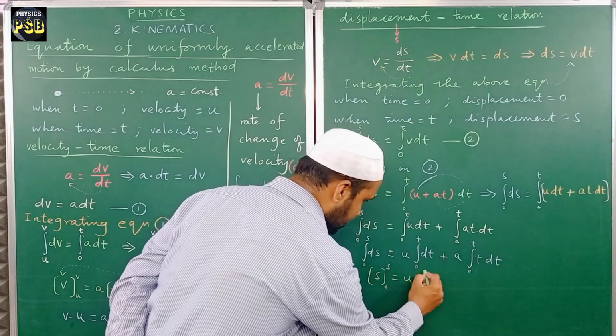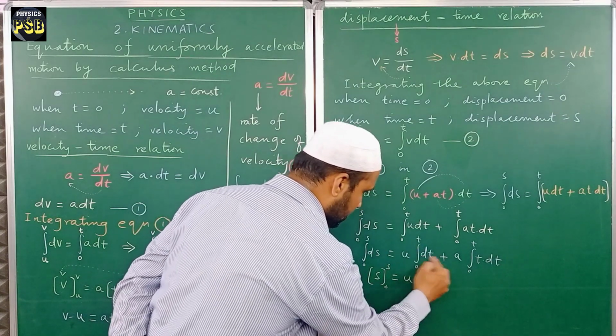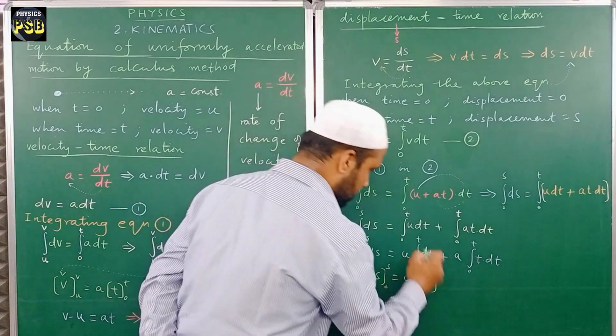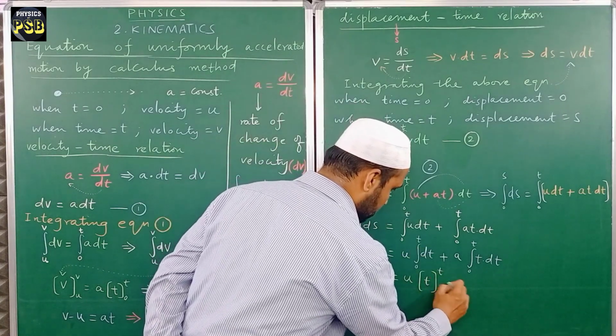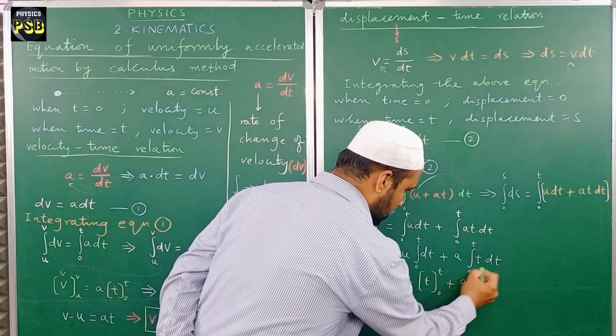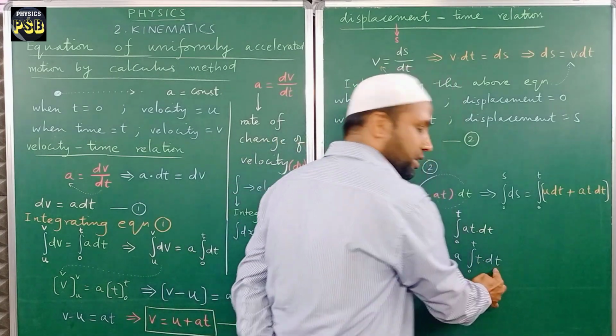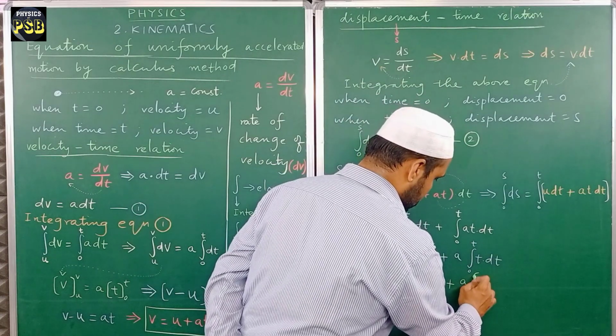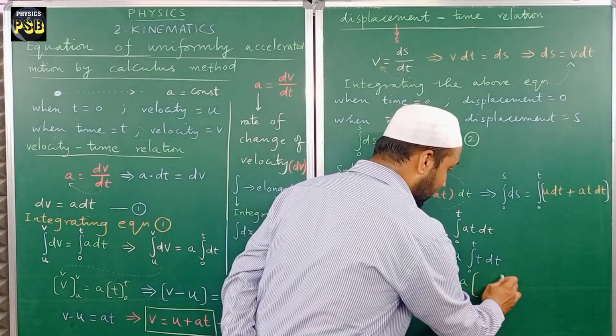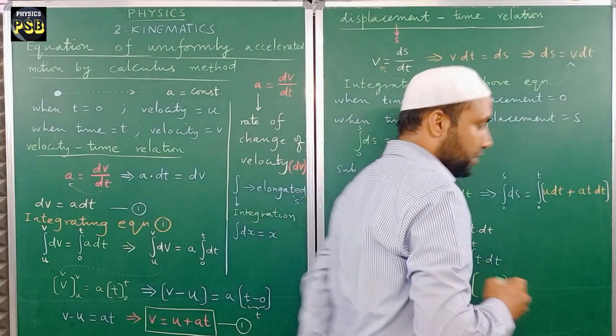I am going to integrate this. On integrating, it will become t, 0 to t plus a is written as such. Now I am going to integrate this term, that is t dt. Look at here carefully what I get on integrating this.